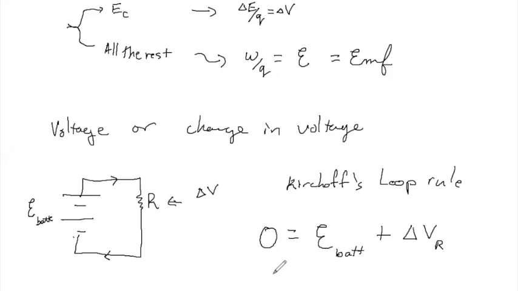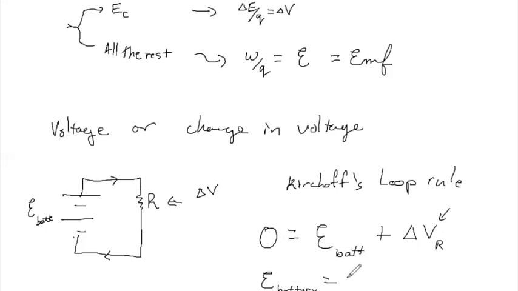And we can rewrite that as the EMF of the battery equals, using Ohm's law, well, first of all, if you follow the path of positive current, the actual voltage is going to drop as you cross the resistor, and the magnitude is IR.